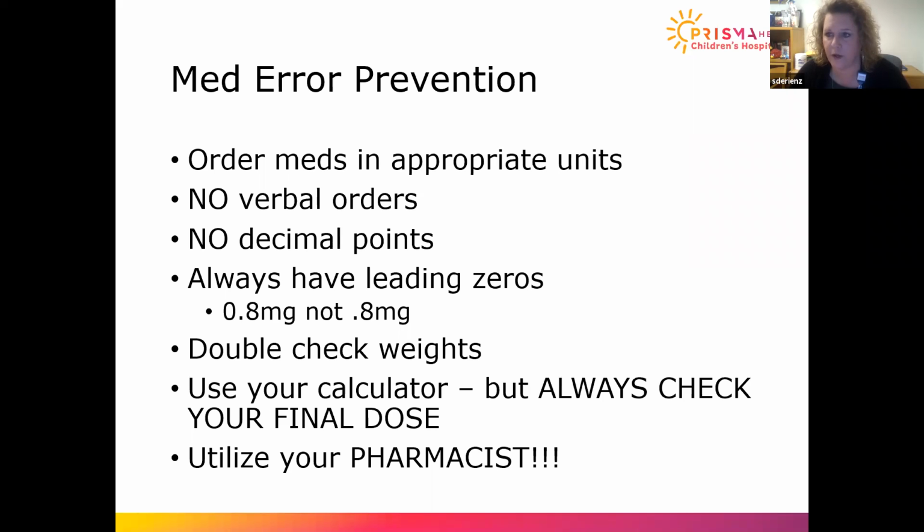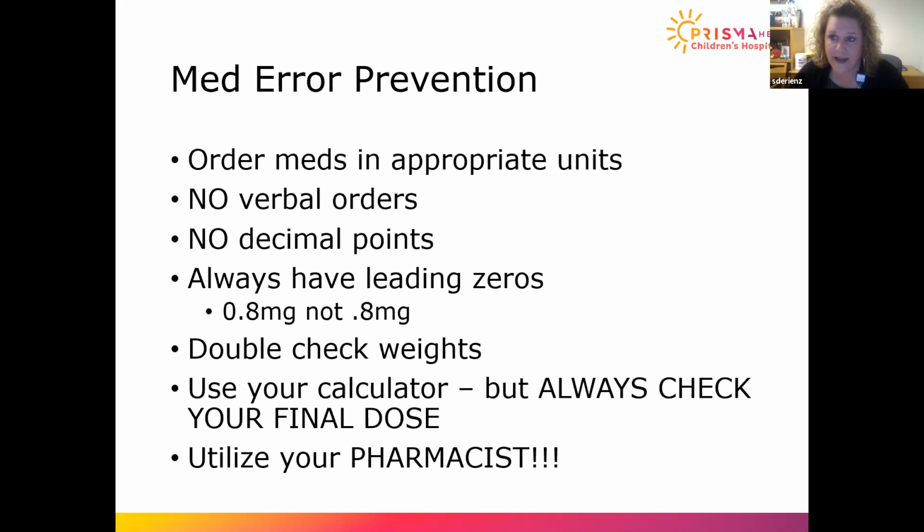Try to avoid those decimal points. Obviously, in some cases you can't. And then always have leading zeros, so for example, 0.8 rather than .8. This matters more when you're handwriting prescriptions, which you don't do a lot of anymore, so it shouldn't be an issue, but always keep that in mind.